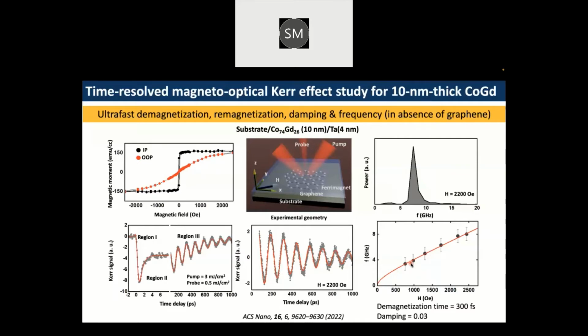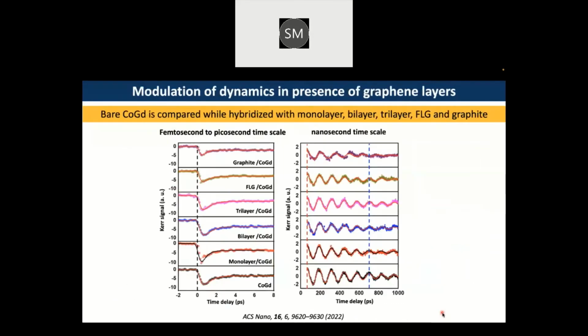The damping we have extracted is about 0.3, which is a little bit higher than traditional ferromagnets. However, it is in line with what ferrimagnets give. And the demagnetization time is about 300 femtoseconds. So mostly the interaction is dominated by the cobalt sublattice.